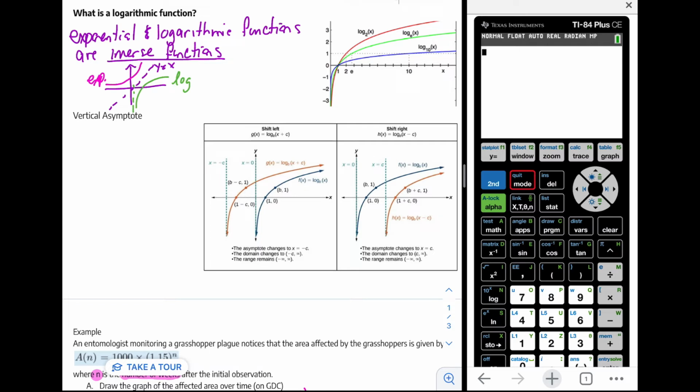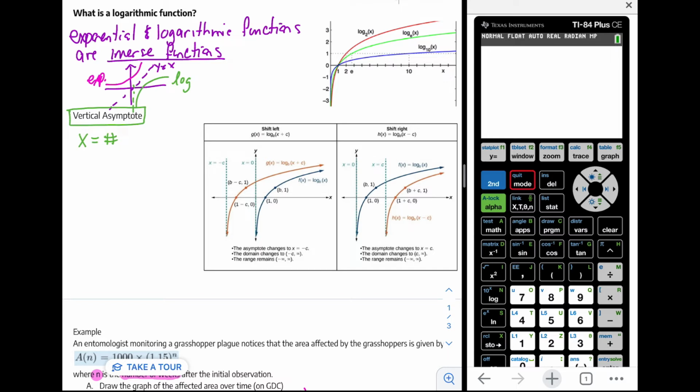So that's the important thing to know about logarithmic functions. They have a vertical asymptote, and a vertical asymptote is always going to have the equation x is equal to a number. And you see a couple of examples on the left here. A couple of our logarithmic functions, you see they're going to have a vertical asymptote, and it's always x is equal to a certain number.